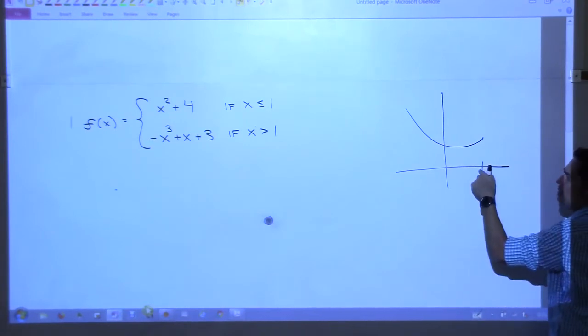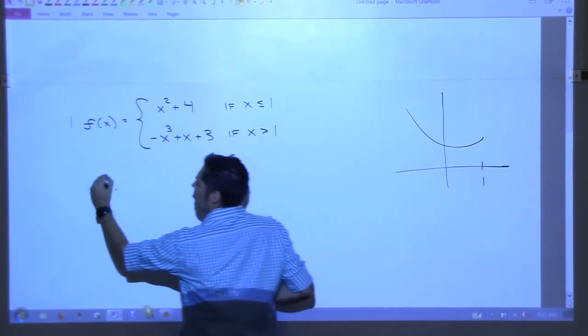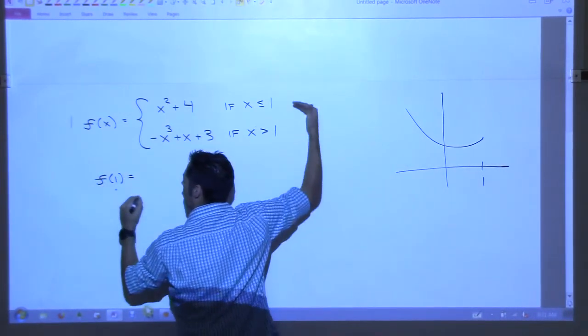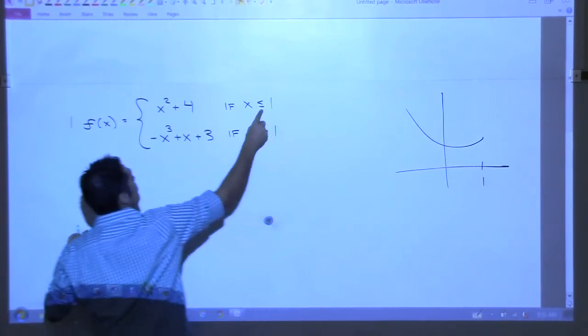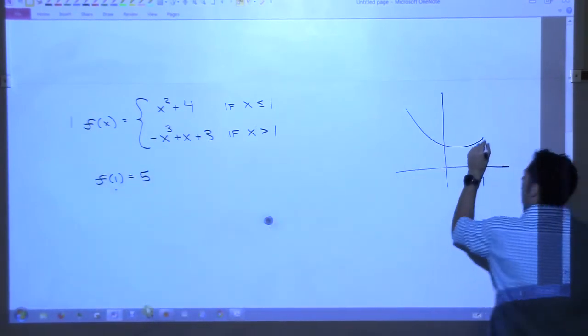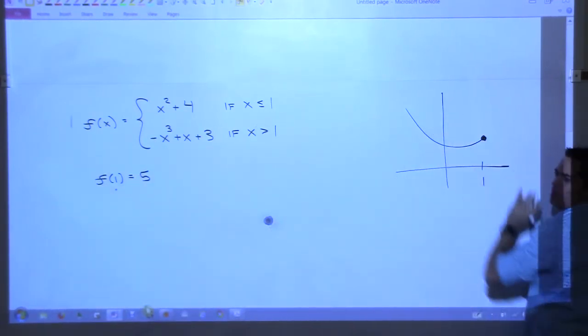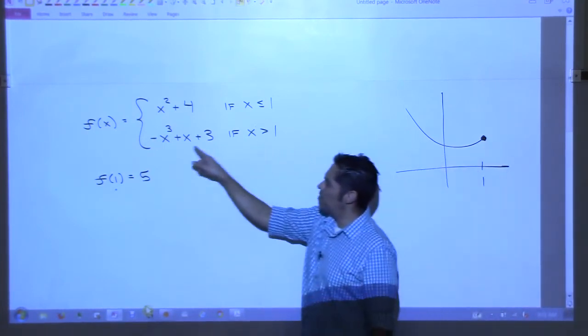And at 1, if I plug 1 in, if I actually ask you what's f of 1, do you plug it into the top or the bottom? Top one, because of that equal sign. So f of 1, what is f of 1? 5. So I know that at 1, I have a dot here at 5, and then it's a parabola, right, to the left? And now to the right of 1, I'm this, which is another polynomial.